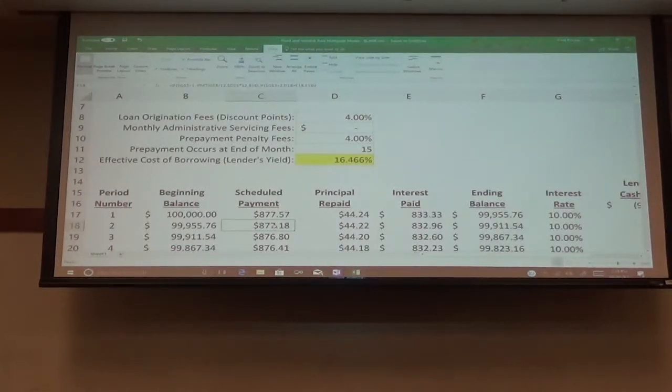Yeah, that's what I have here. Well, yeah, because the beginning balance is going to change. Yep, the beginning balance is driven by the previous payment. So that number's going to be G18. It's driven by B18, again, which should be from the previous month.